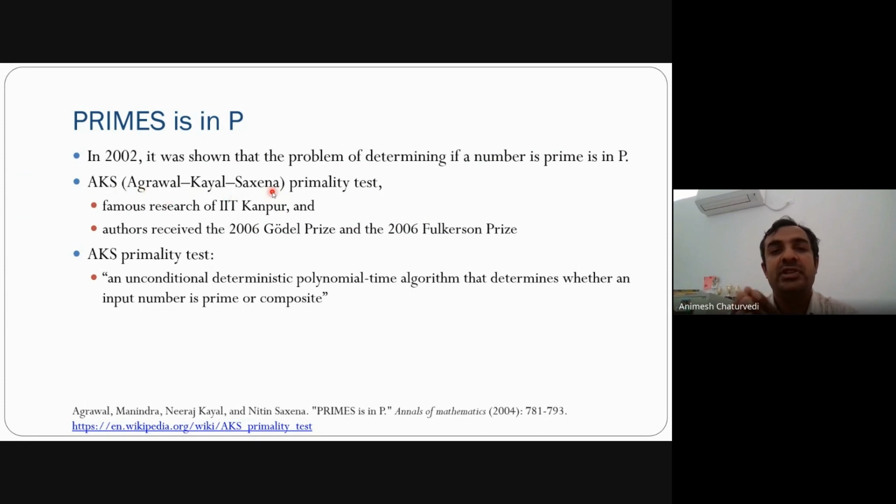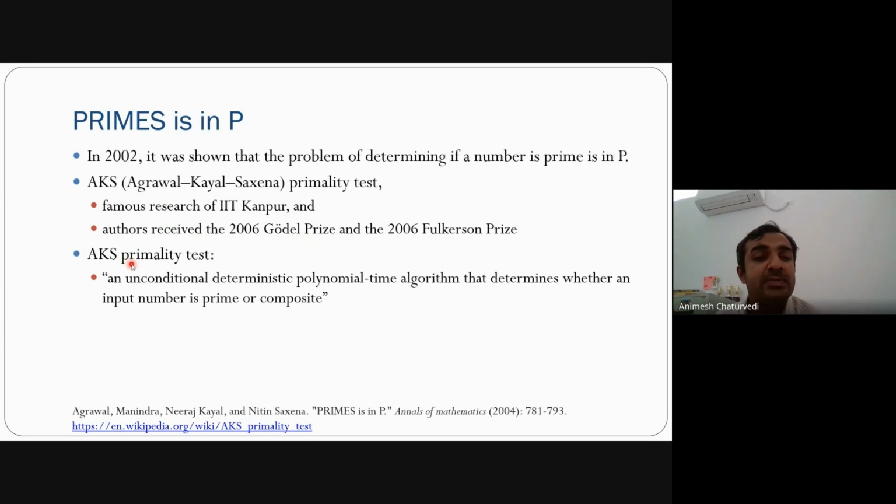This research was completely done within India by Indians who studied solely in India. The authors won a world-class prize, the Gödel Prize and the Fulkerson Prize.